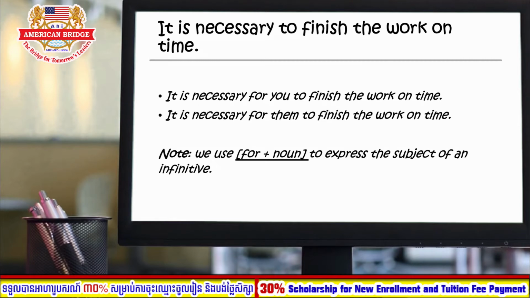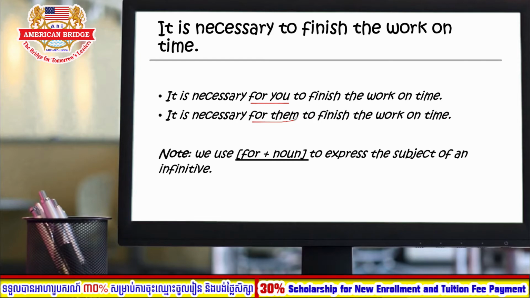By learning to infinitive and gerund, you can transform this sentence into another structure, which is you can add some more important information. Let's look at the two examples here. It is necessary for you to finish the work on time. It is necessary for them to finish the work on time.